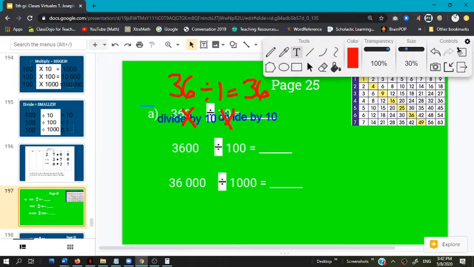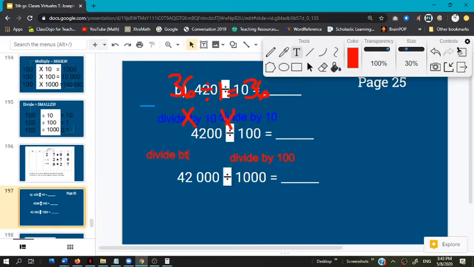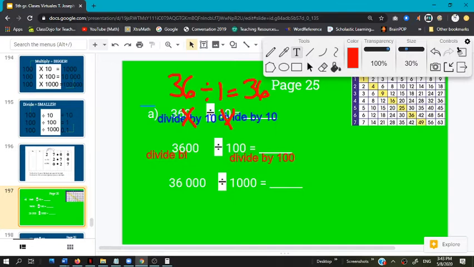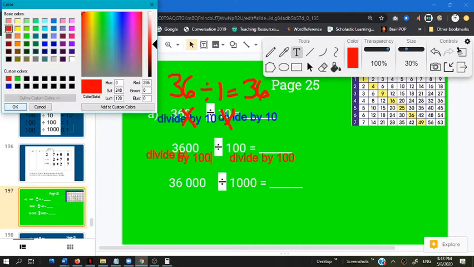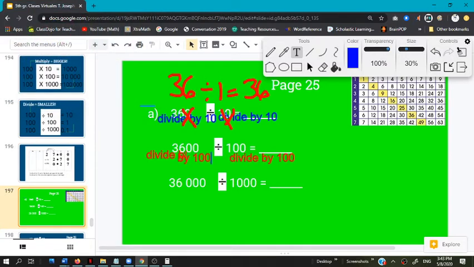For the next problem, we're not going to divide by 10, we're going to be dividing by 100, okay? So we're going to divide this one by 100, and we're going to divide this other side by 100 as well. Okay, so I'm going to take away both of those zeros on both sides.